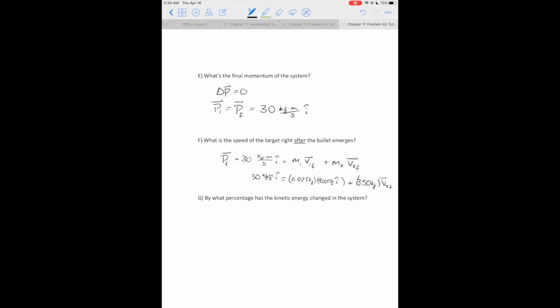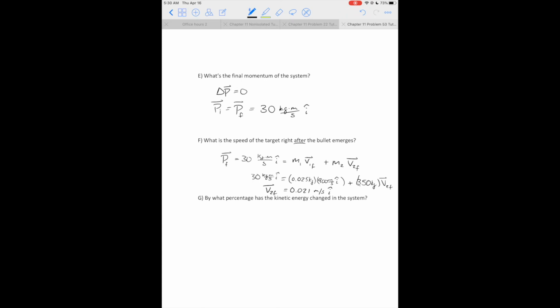When we solve, v2f comes out as 0.021 meters per second in the I-hat direction. So if we're actually thinking about the speed of the target, it's just 0.021 meters per second.